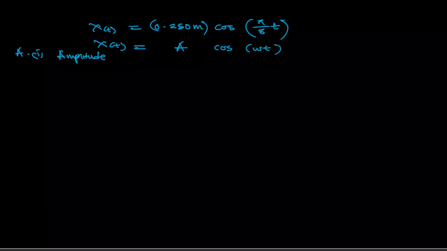So you can see that this 0.250 is the amplitude, cosine matches cosine, and w matches pi over 8.